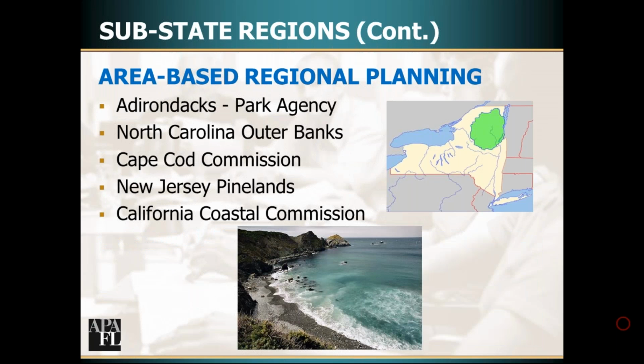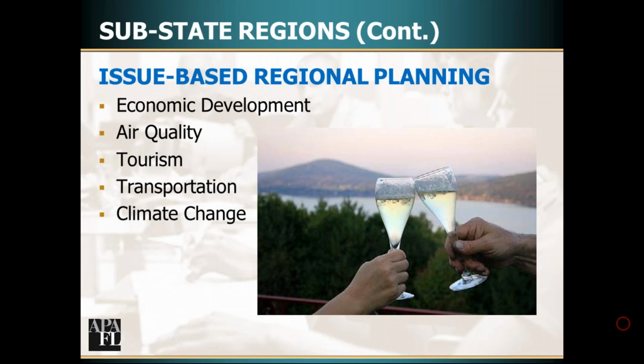Other sub-regional things, you can have regional planning based on parks, like the Adirondacks, that's the green area here in New York, or the North Carolina Outer Banks, or the Cape Cod Commission, New Jersey Pinelands, or the California Coastal Commission, which is actually a regulatory commission in California.